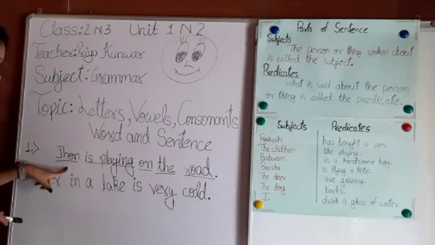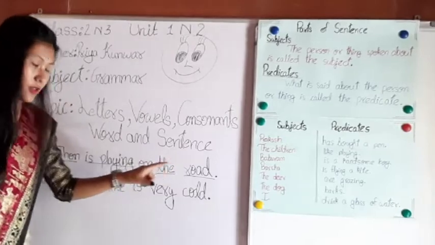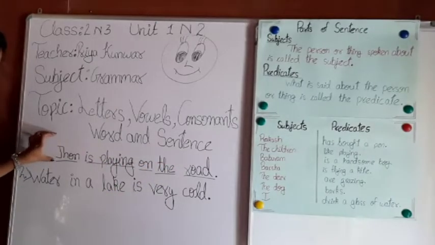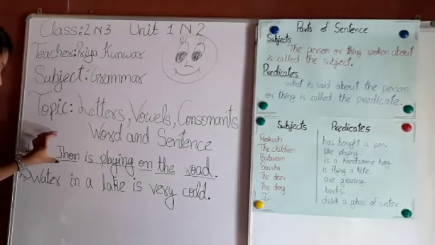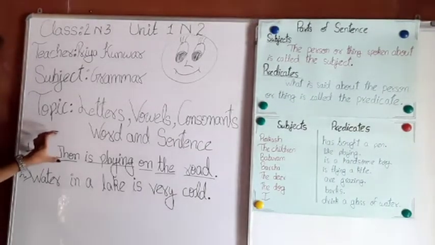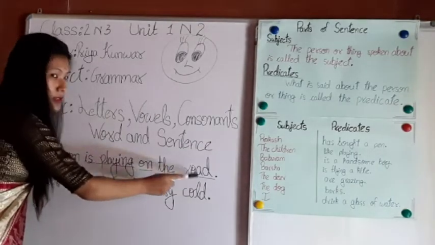John is the subject here and is playing on the road is the predicate, because in this sentence we are talking about John. So it is the subject, and what John is doing, John is playing on the road, is the predicate.